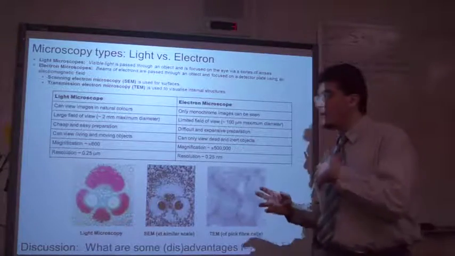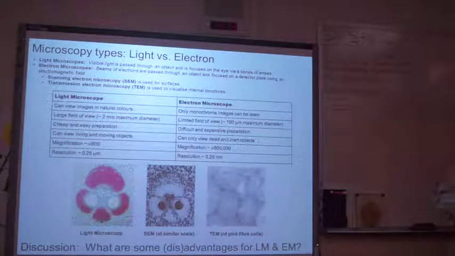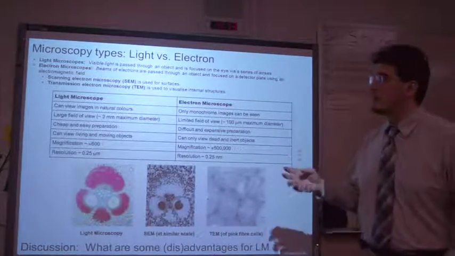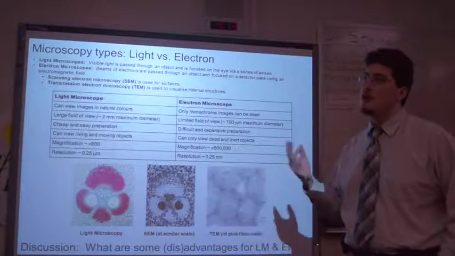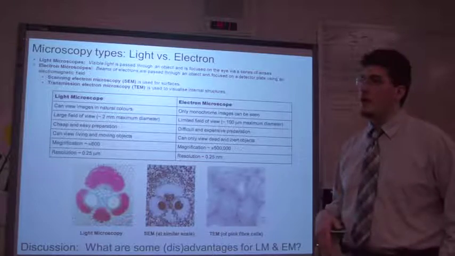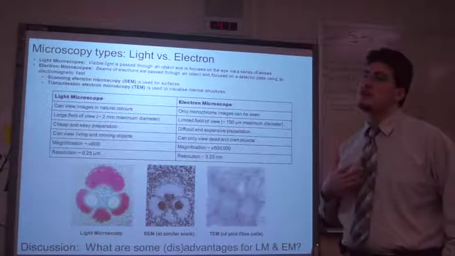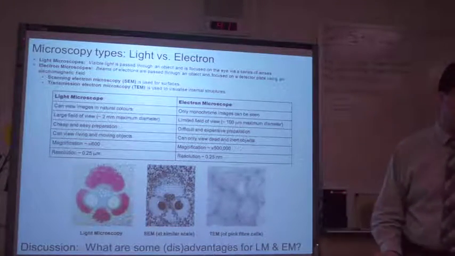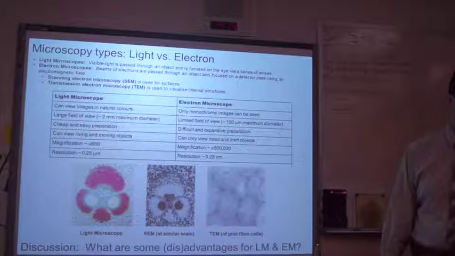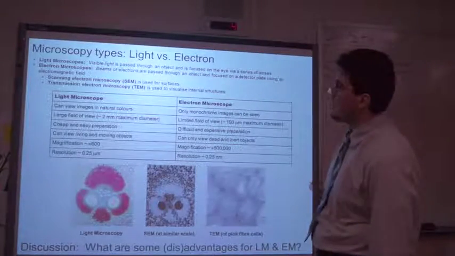State one advantage to using light microscope versus electron microscope, or state one advantage for electron microscope, or state why a light microscopic image was used for this specimen rather than an electron microscope. So that's why this is important.